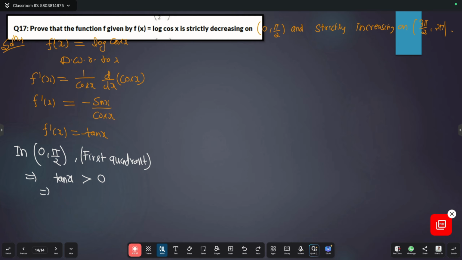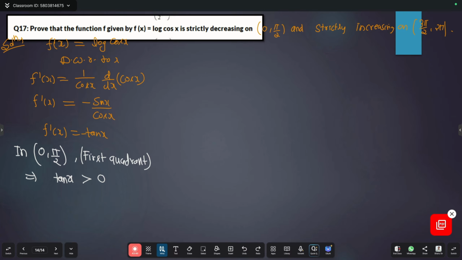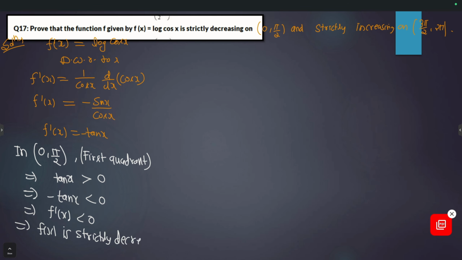It implies minus tan x is less than 0, and minus tan x value is f'(x). It implies f'(x) is less than 0, and it implies f(x) is strictly decreasing on 0 to pi by 2.